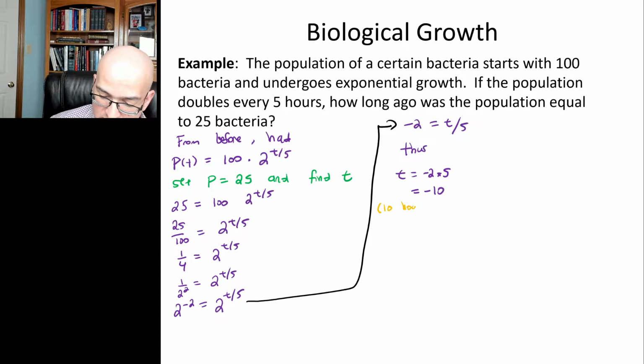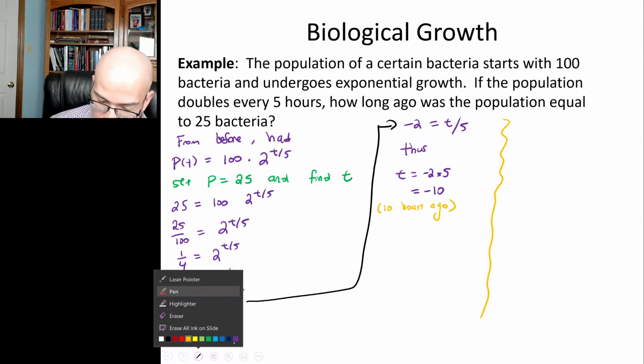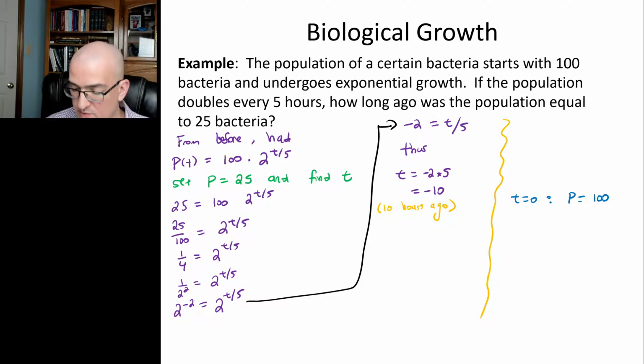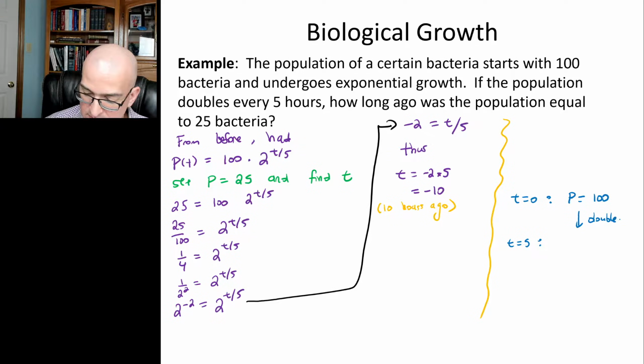10 hours ago. Let's think about this. At t equals 0, we have P, I'm introducing new letters, P is equal to 100. And if we go forward in time to t is equal to 5, the population doubles, and we get a population of 200.